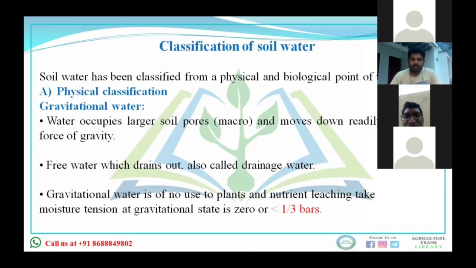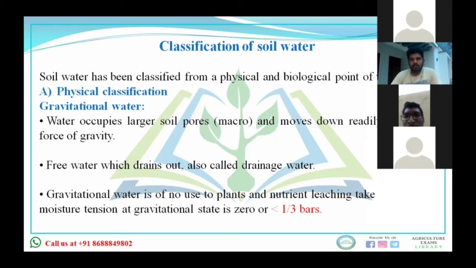Do you understand gravitational water? Now, what are the factors on which gravitational water depends? First is texture. Texture plays a great role in the movement of gravitational water. The movement or flow of water is directly proportional to the size of the particles.